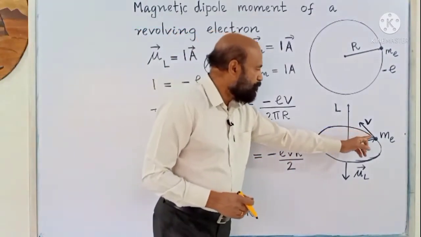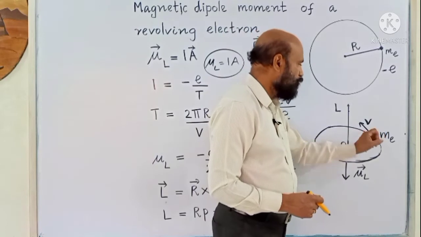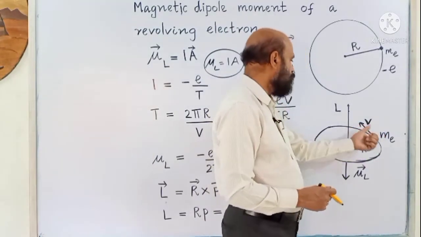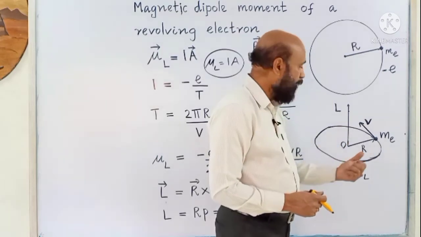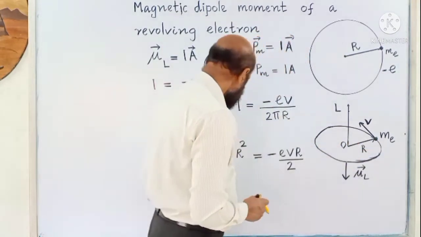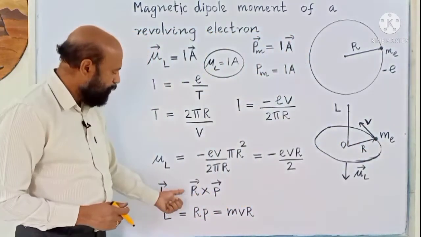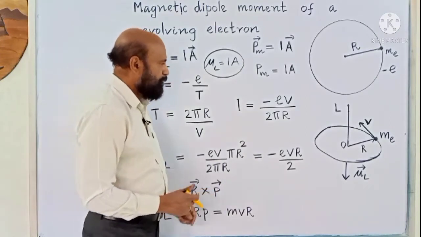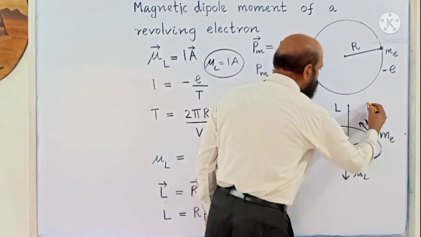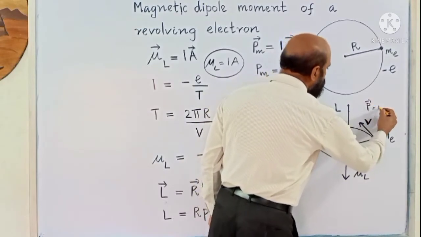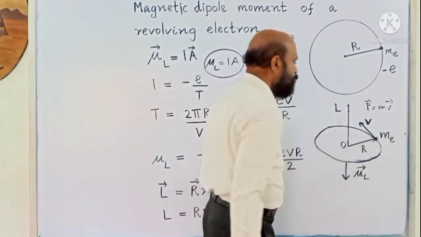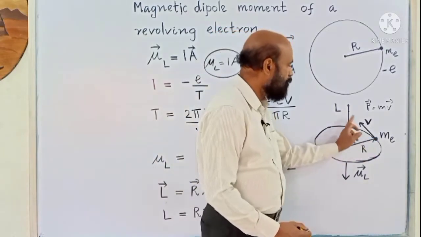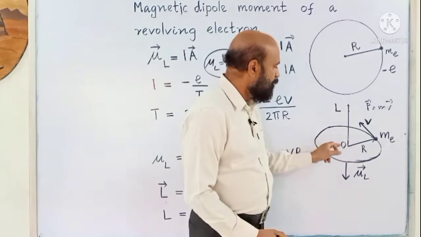Then electron, there is mass, so it will have linear momentum. Since it is going in a circular orbit, it will have angular momentum. So angular momentum L is r vector cross p vector. P vector is mass multiplied by velocity vector. So this is the velocity, in the direction of the velocity, this is r.